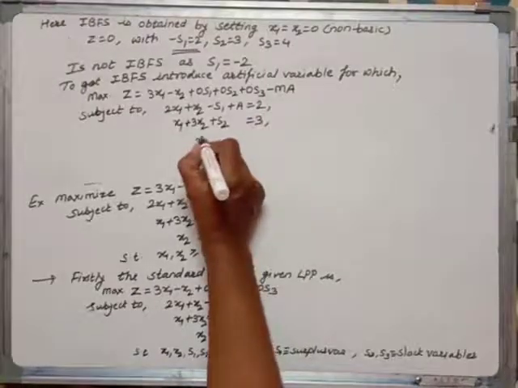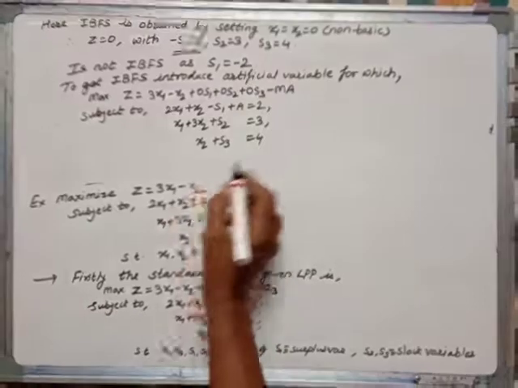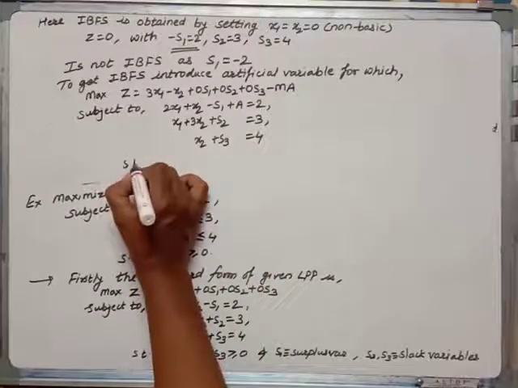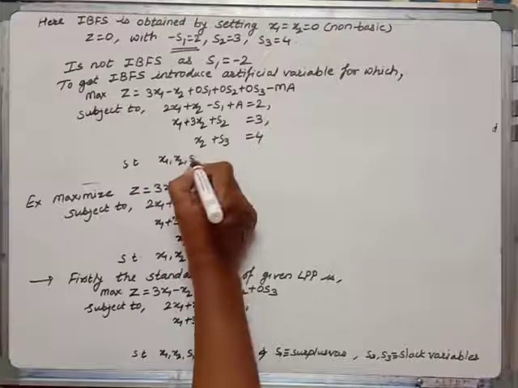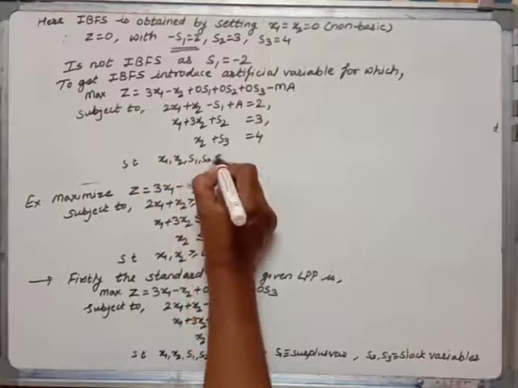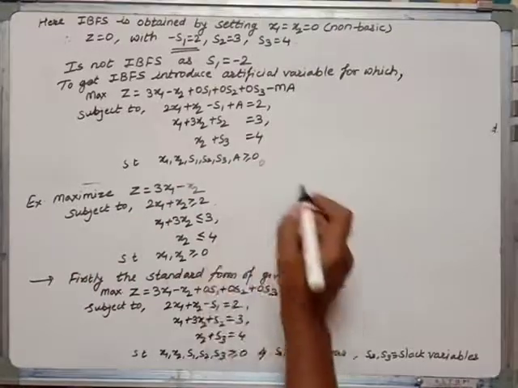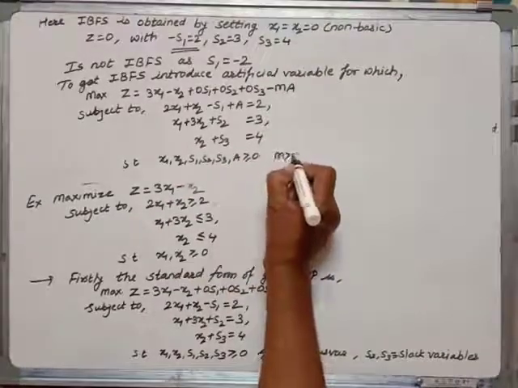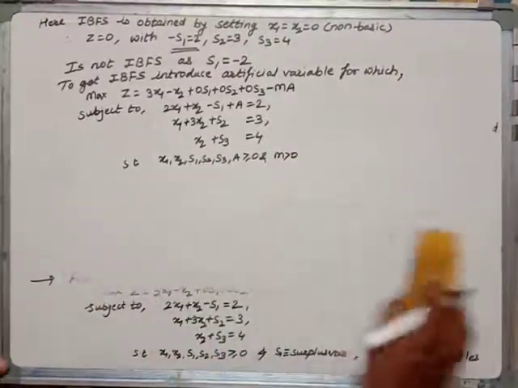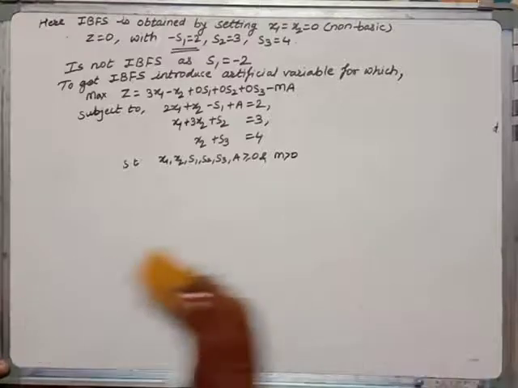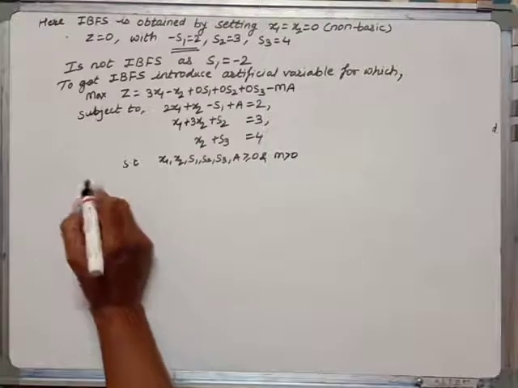Then x2 plus s3 equal to 4, such that x1, x2, s1, s2, s3 and A also are all positive. This M is also greater than 0. Okay, this is now the standard form with artificial variable.